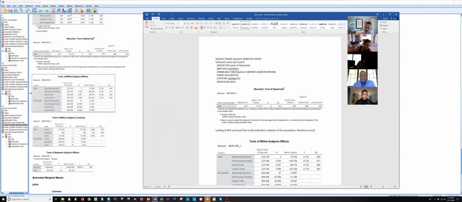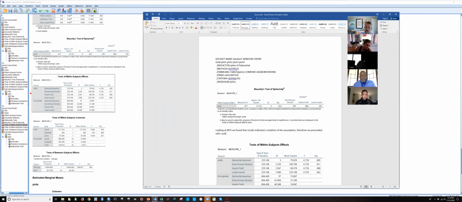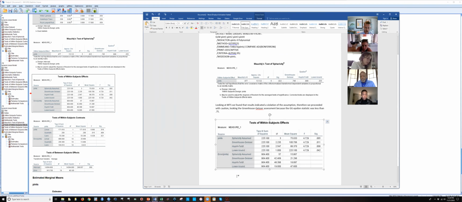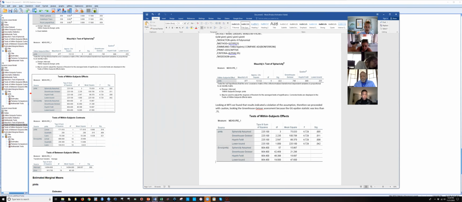Therefore, we proceeded with caution, looking at the Greenhouse-Geisser assessment, because the Greenhouse-Geisser epsilon statistic was less than 0.75. Okay, and we have the next table. And then you can articulate what this table now means.